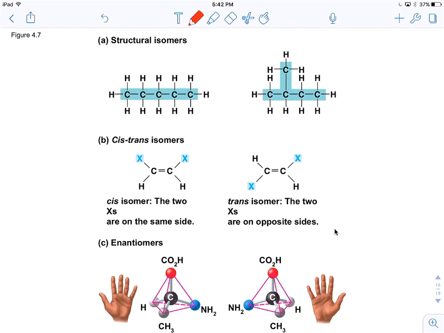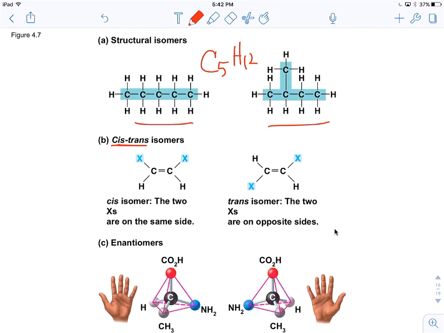So here are structural isomers. 1, 2, 3, 4, 5. So these both have a molecular formula of C5H12, I think. 2, 4, 6, 8, 10, 12. Yes. So these are both C5H12, but how they are arranged is different. This is a straight chain. This is a branching chain. Okay.